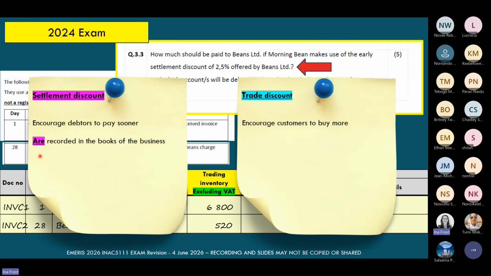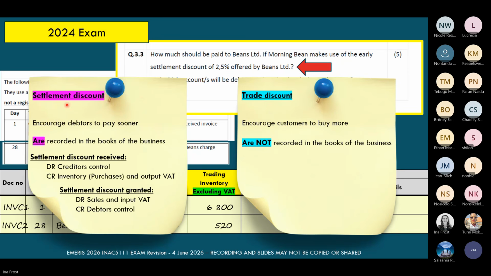Settlement discounts are recorded in the books of the business, whereas a trade discount is not recorded in the books of the business. So what does the entry look like for a settlement discount? For a settlement discount received, which we've looked at in Learning Unit number 6, we're going to credit either the inventory or the purchases.